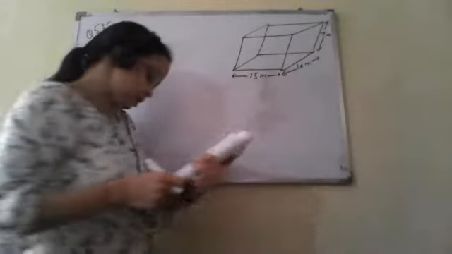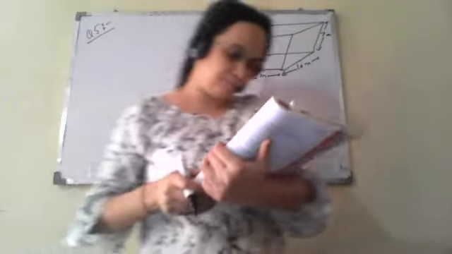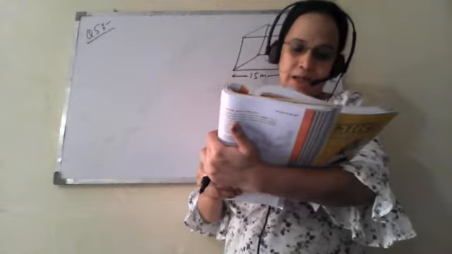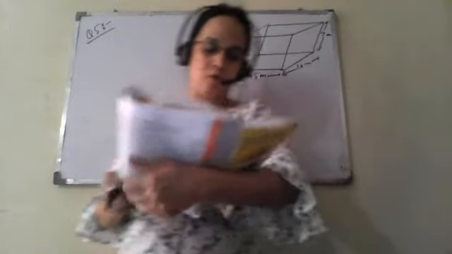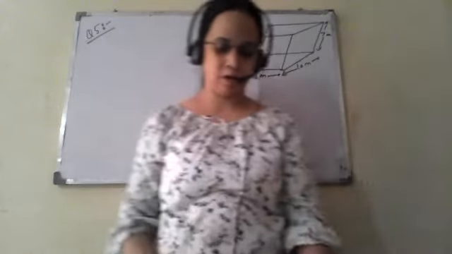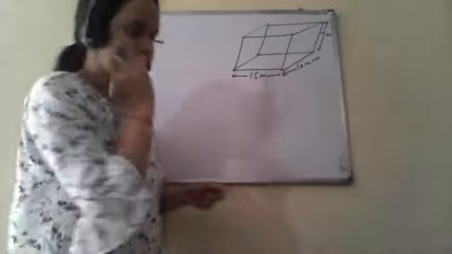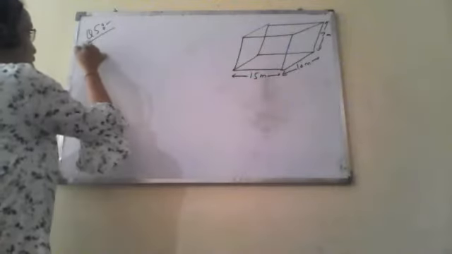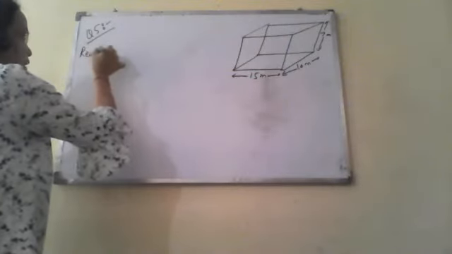So he has painted all except the floor, that is 4 walls plus ceiling of the cuboidal hall. So we have to calculate the area required.